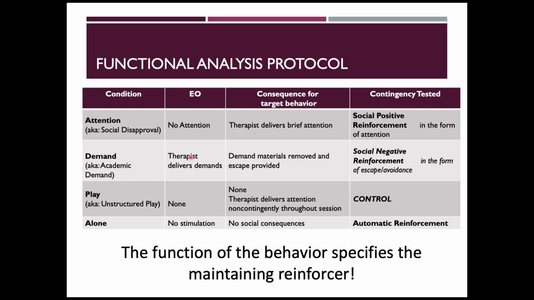So when problem behavior occurs highest in one of these conditions, particularly relative to the play condition, or even perhaps relative to each other, we would say that the problem behavior is maintained under those reinforcement conditions. That is, the contingency that maintains the problem behavior is revealed by doing the functional analysis.